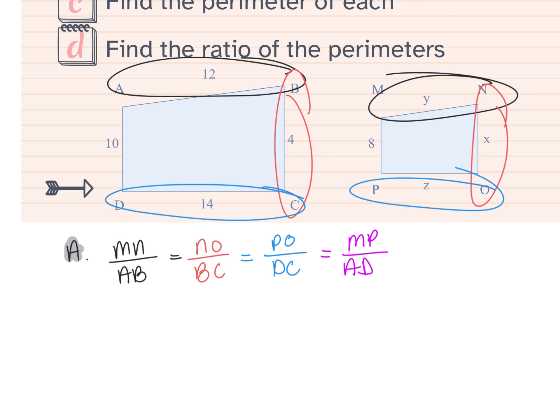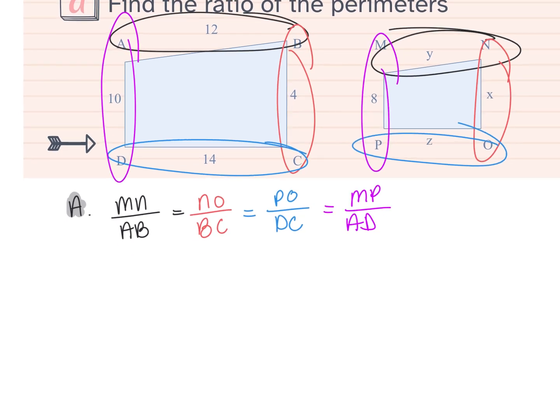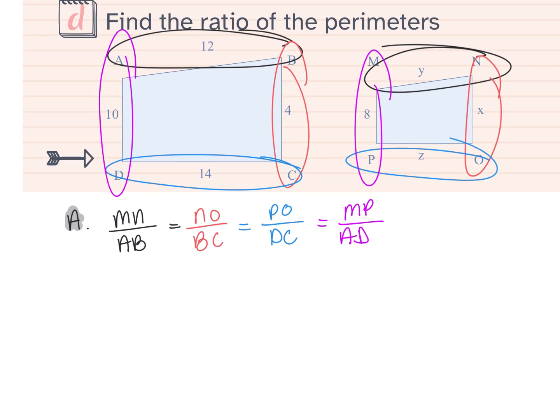Now I need to find which sides I can use to find my scale factor. First, I'm going to look at what they're giving me. I'm writing it as a ratio. I have y over 12. Can I use that as a scale factor? No, because they're not giving me any numbers.